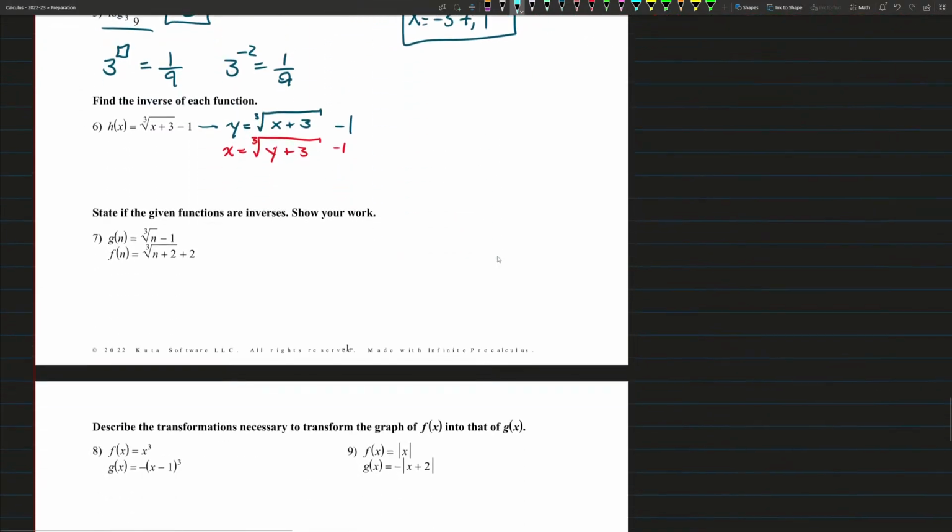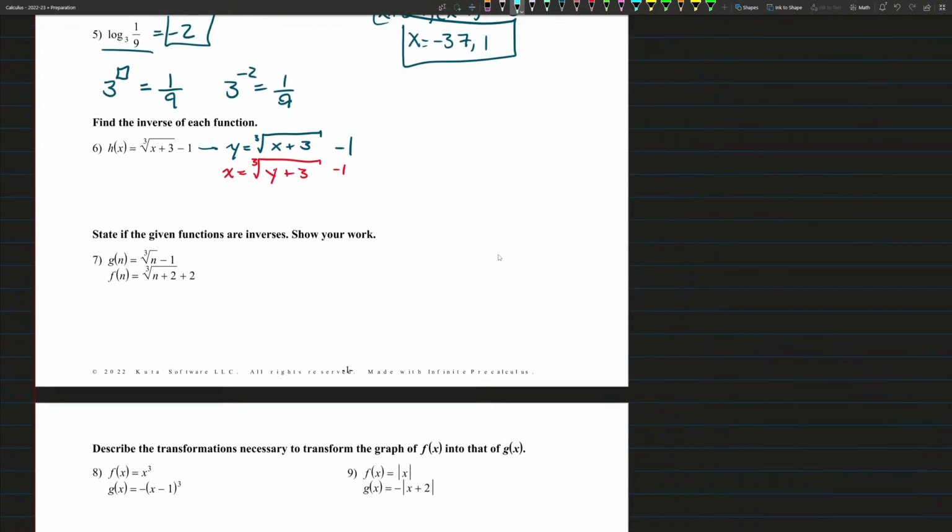Okay, so in order to find an inverse, the first thing we do is we swap variables, right? So I swapped x with y and y with x, and then all we're doing is we're solving for y. Okay, so we have to get y on its own. First thing we have to do there is to add 1. I'm going to do that over here so I have more room. So we have x plus 1 is equal to the cube root of y plus 3. We have to get rid of that cube root.